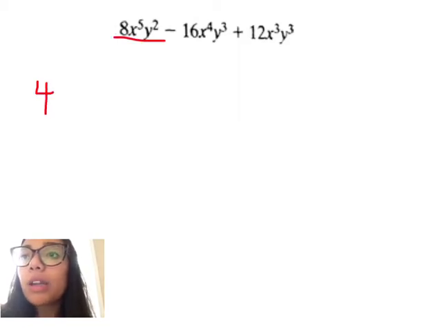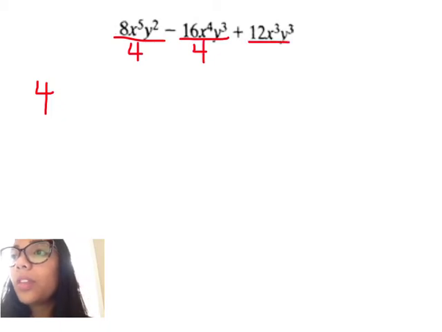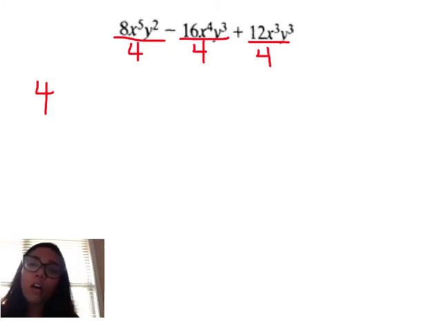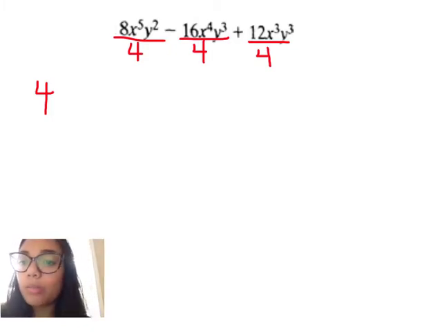When I do that, I'm going to divide each of these by 4. And I'm actually going to try to figure out all of the things I need to take out in one step, just because I think that might be a little bit easier for some of you. So now I need to look at my x's and my y's. They all have x's and y's in there. I need to figure out which one is my smallest exponent for x and y.